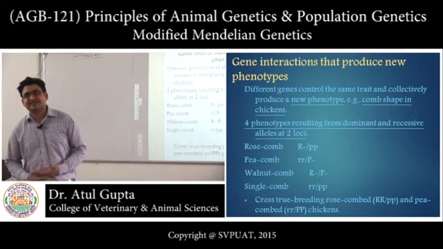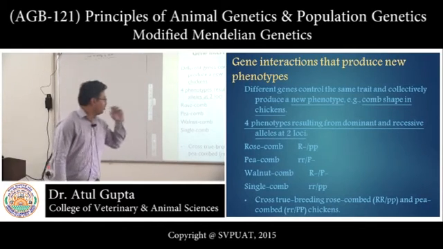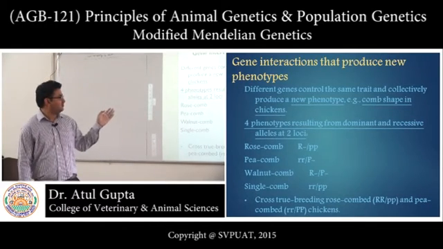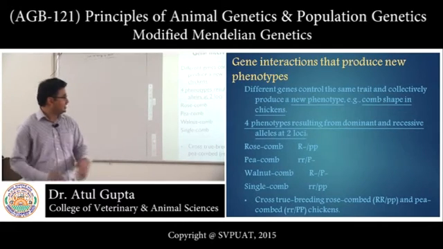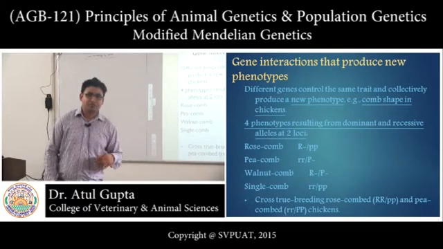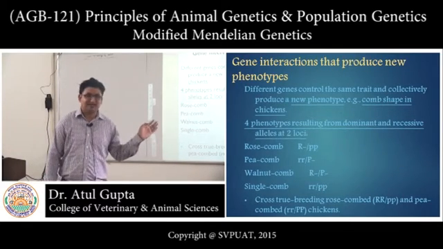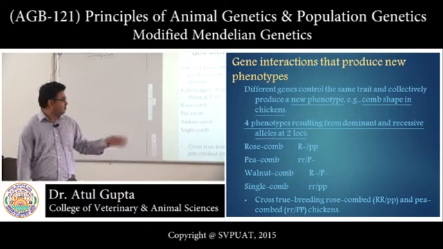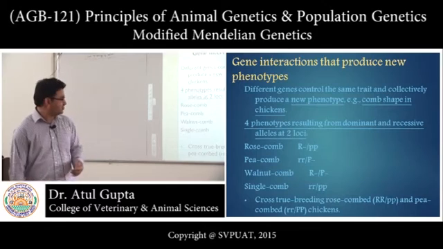An example for this is comb shape in chicken. In chicken, there are 4 phenotypes resulting from dominant and recessive alleles at 2 loci. So here we can see that for a rose comb to be present, the genotype should be R dash pp. For a pea comb, rr P dash.